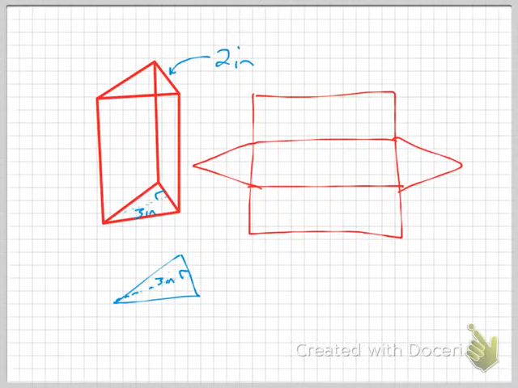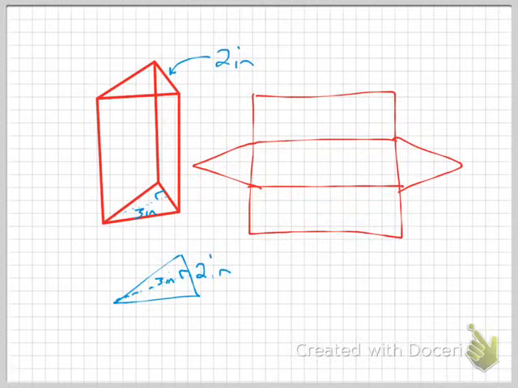Well, where's the base? Don't I need to know what this is? Can you tell? What is that thing? Oh, if it's 2 up here, then it would be 2 down here. Agreed? So then this right here is 2 inches. So then it's base times height divided by 2. What's the base? 2.